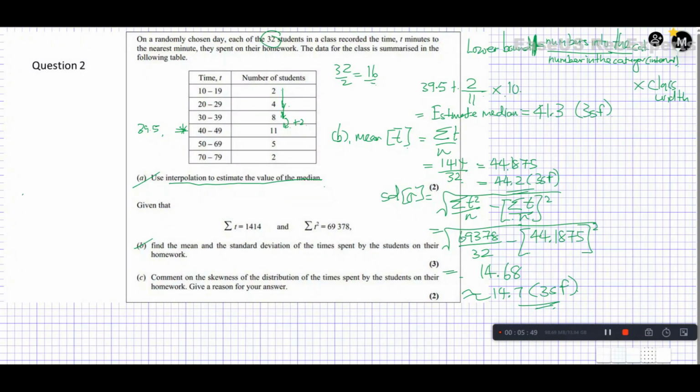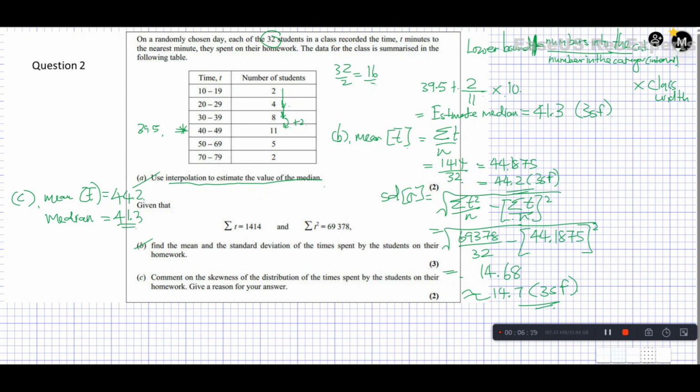And for part C, comment on the skewness of the distribution of the time spent by the students on their homework, and give a reason for your answer. Skewness is normally determined by the median and mean. If you look at the mean, t bar, it is 44.2, whereas the median is lower than the mean, at 49.3.